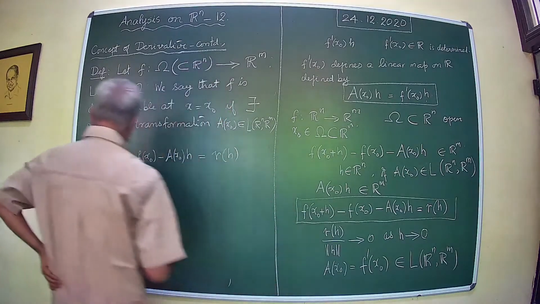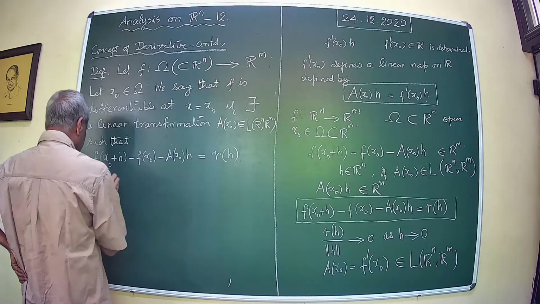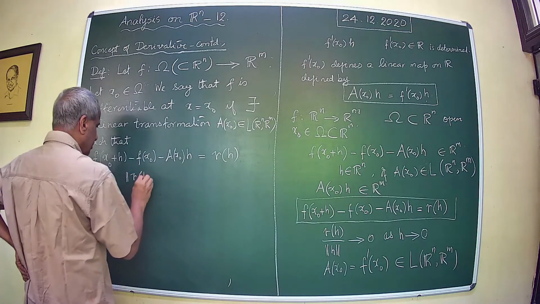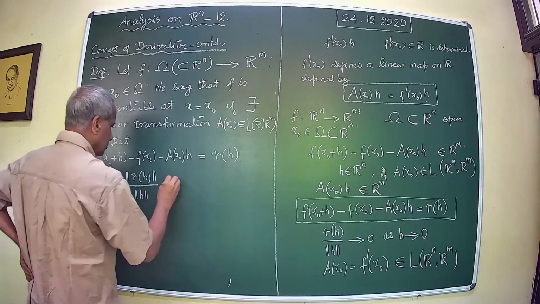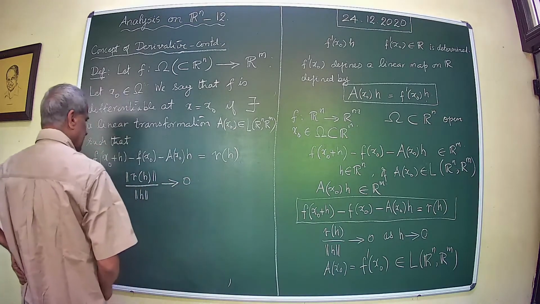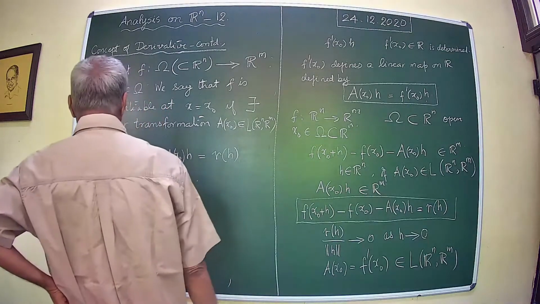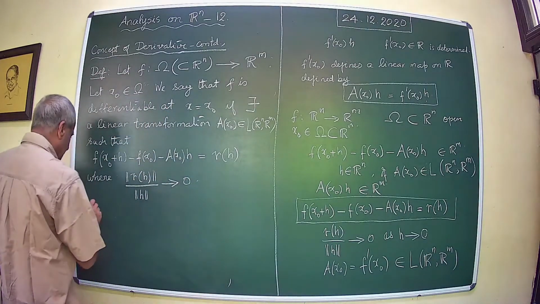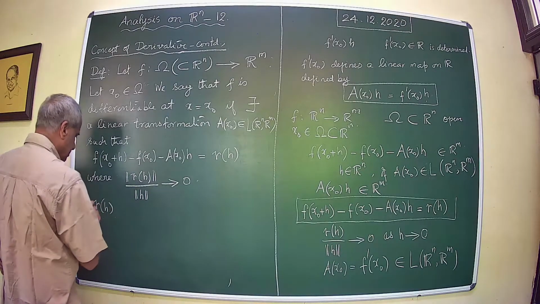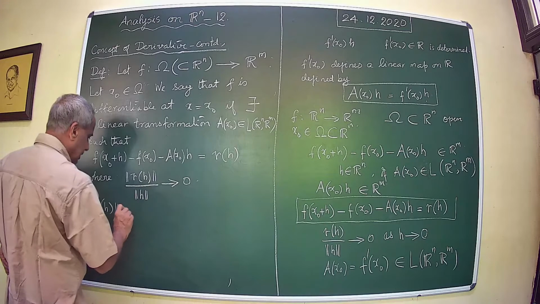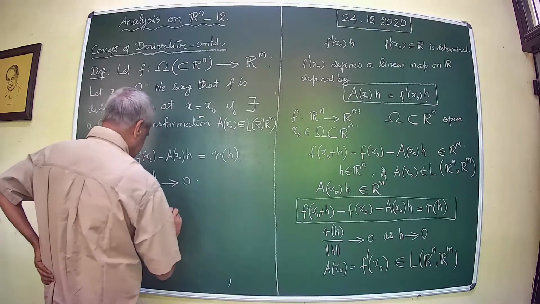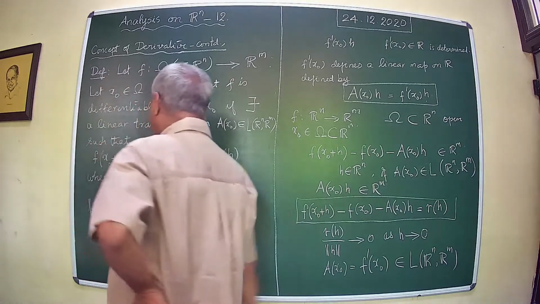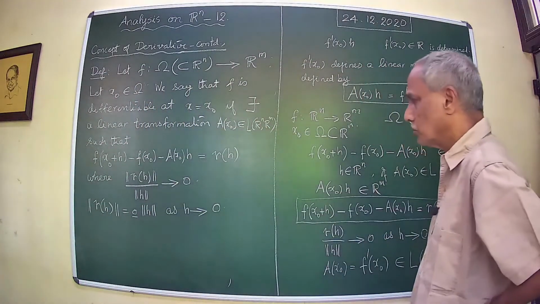This is a term where norm of R(h) goes to 0. Or this is equivalent to saying that R(h) is of small order of norm of h, by which you mean norm of R(h) divided by norm of h goes to 0.